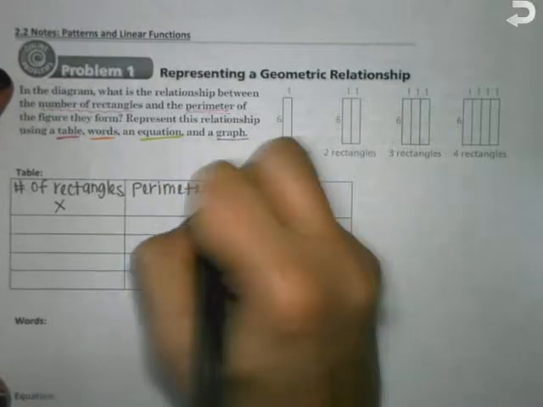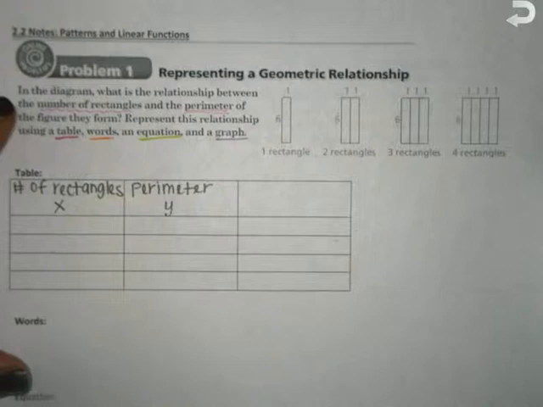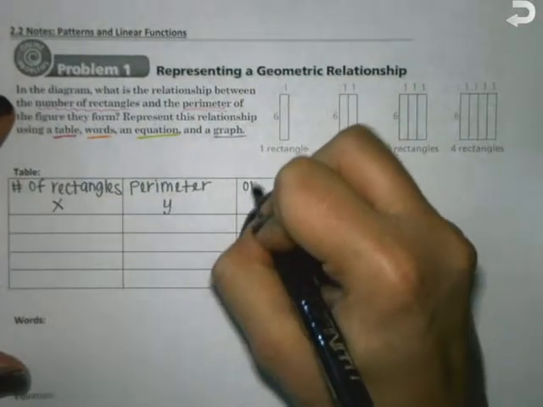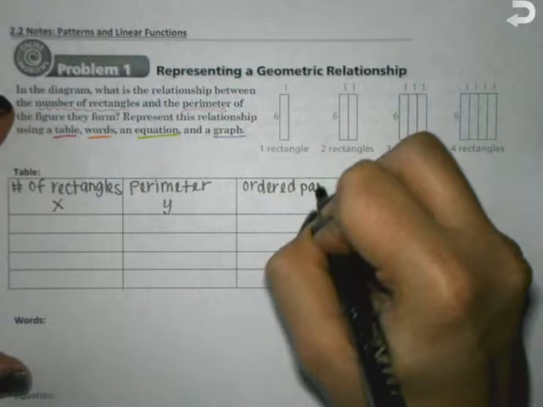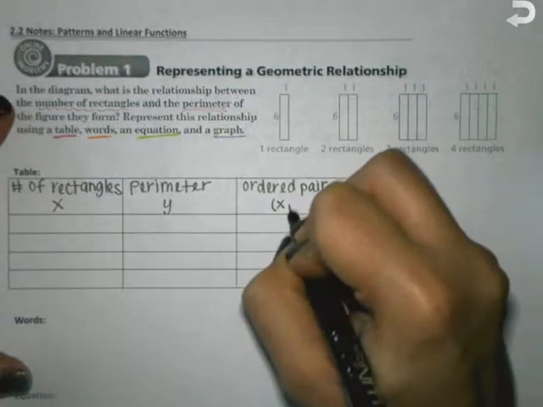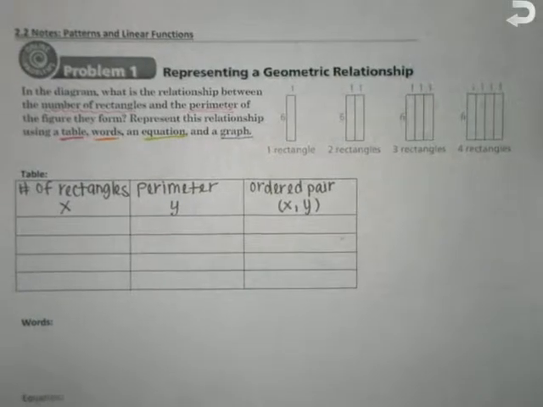And output has the variable Y. And then in the last column, I want us to write these as an ordered pair. And that's X comma Y. Okay. So we're just filling in the top of the table first.